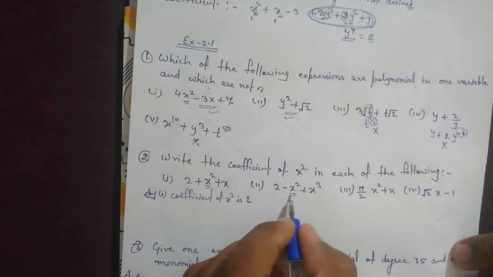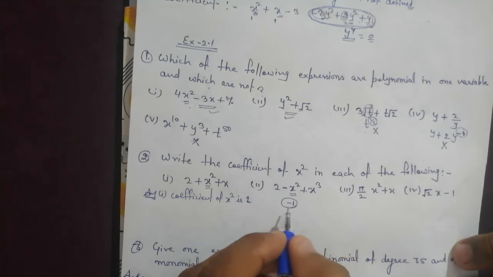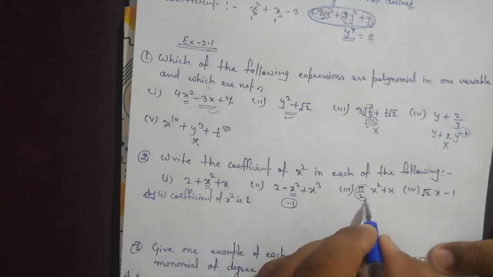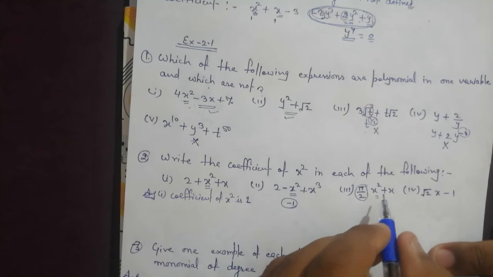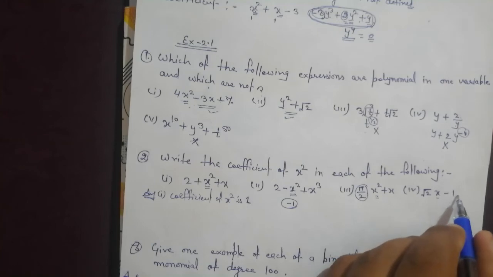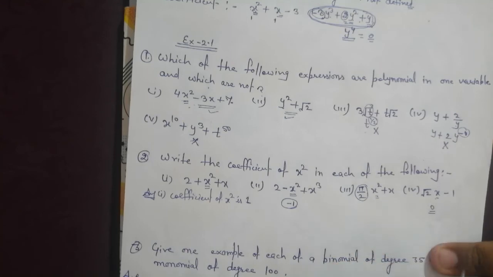In the answer of the second one, with x square no number is there, but a minus sign is also there, so minus 1 is the coefficient of x square. In the third part we have pi by 2 as the coefficient of x square, and in the fourth part x square is not there, so the coefficient of x square will be 0.